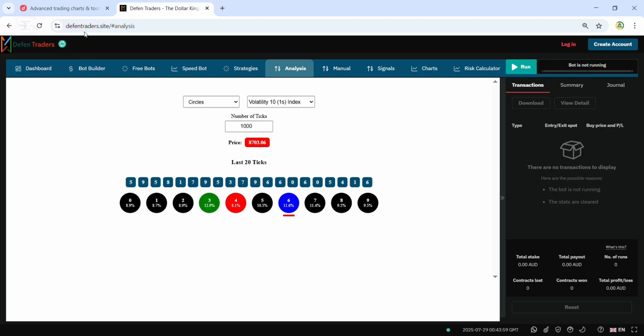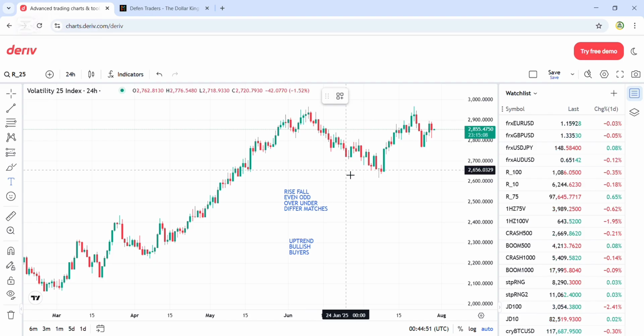Now, there are other different products that Deriv offers, but I've said that the common markets or contracts that we trade are the rise and fall, even odd, over under, and differs matches. These contracts that you can see here are what you call short-term contracts. They have an expiration; they will expire after a duration, let's say 1 minute or 1 second.